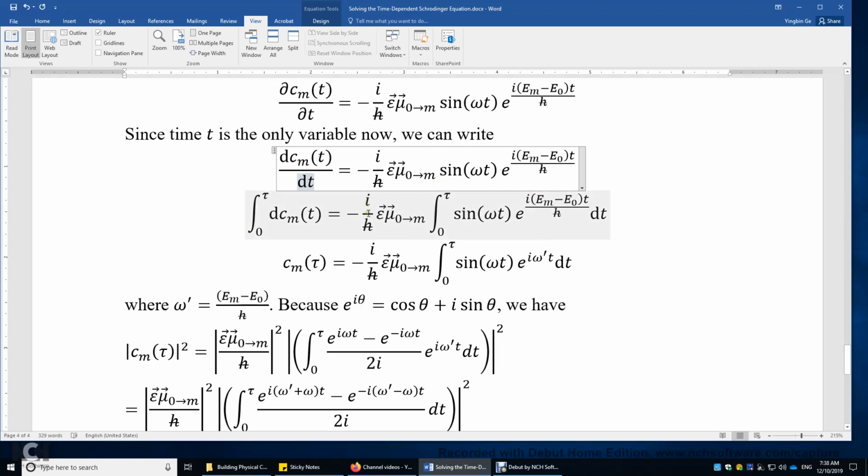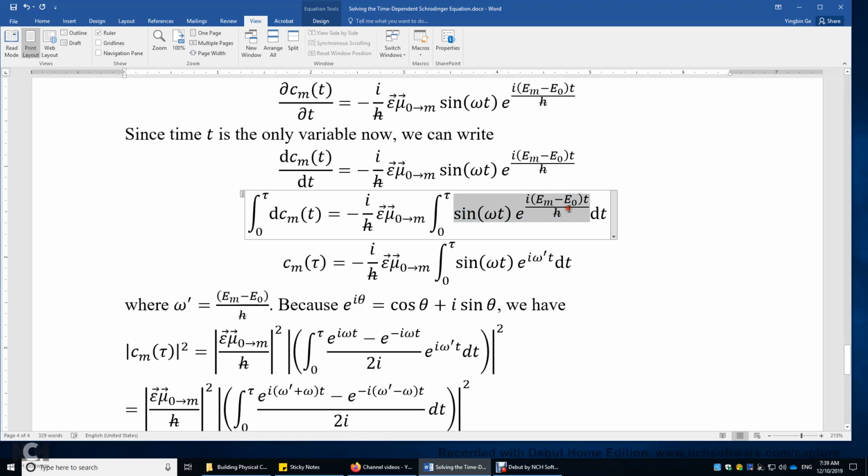This negative i over h bar times the electric field of the photon times the transition dipole moment. This whole thing does not depend on time, so we don't have to integrate this part. This part is considered a constant. So we just need to evaluate the integral of sine omega t times this exponential function of time.